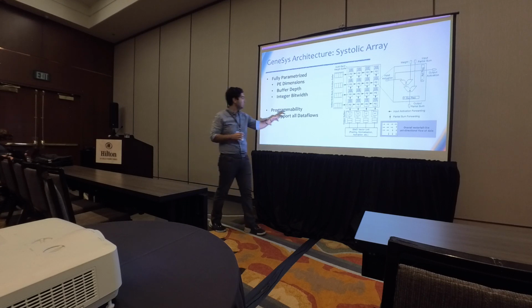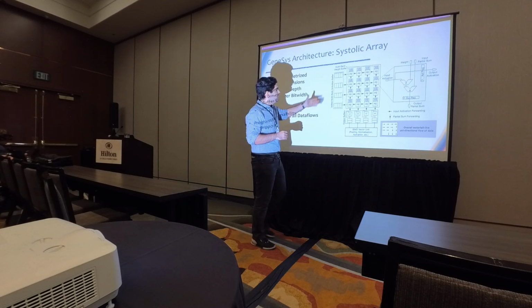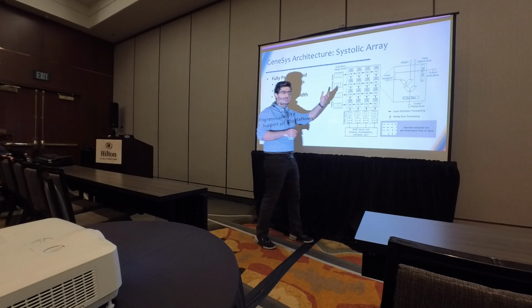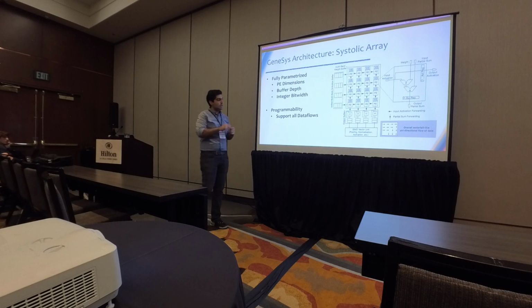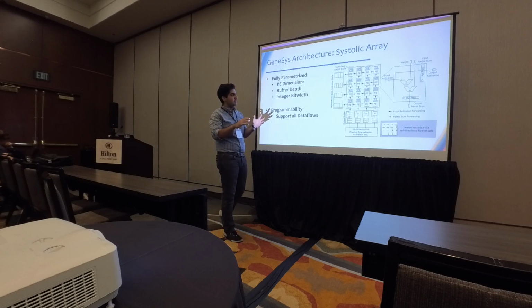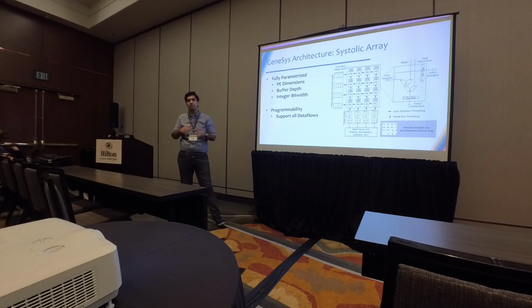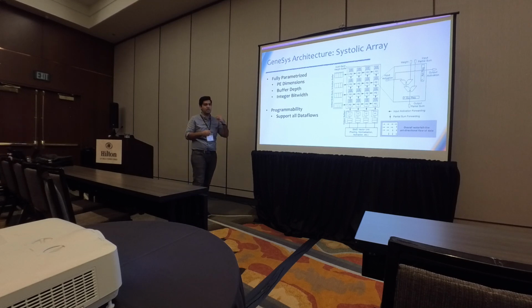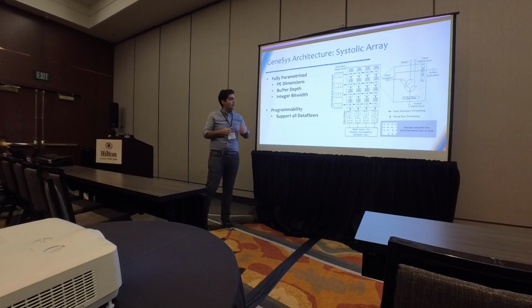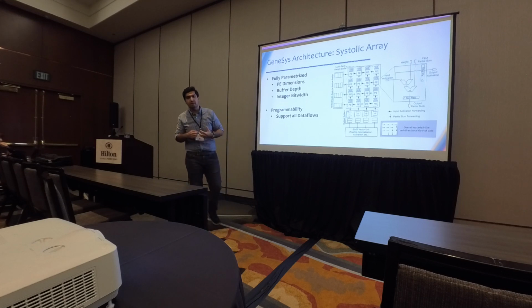And also the size of the data path across the processing elements is programmable based on the bit width that you select. And since we capitalize on the opportunity that you can at compile time program and orchestrate the execution based on the data flow of the neural network and the operations that you have, we can program the systolic array to perform and support any form of data flows.